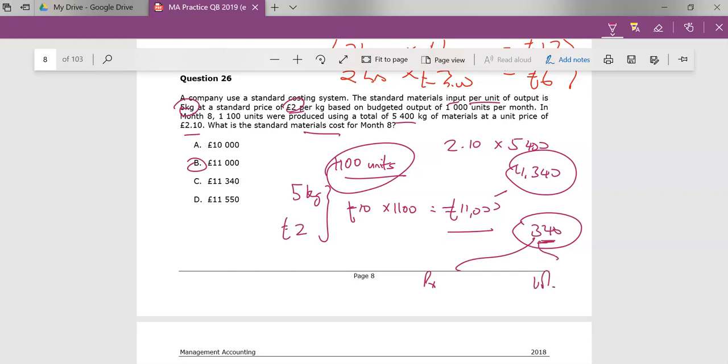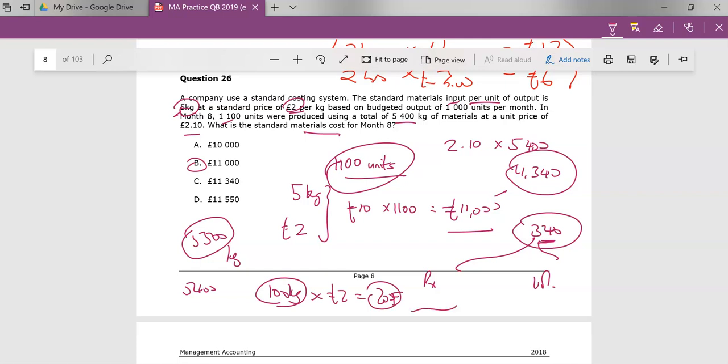Technically I would expect to use 5 kilograms times 1,100, which is 5,500 kilograms. You've used 5,400, so you used 100 kilograms less, which is favorable. I multiply this by the £2, so there's a £200 favorable volume variance.